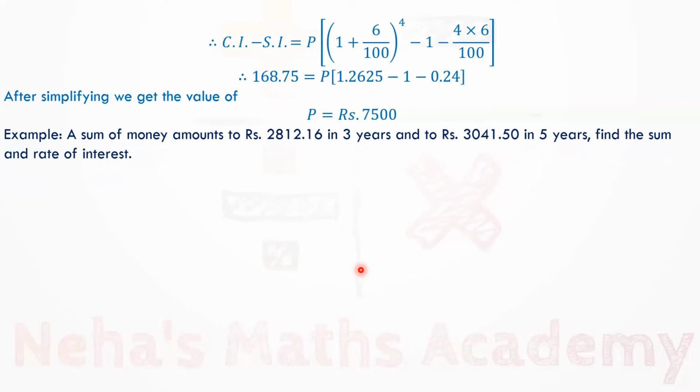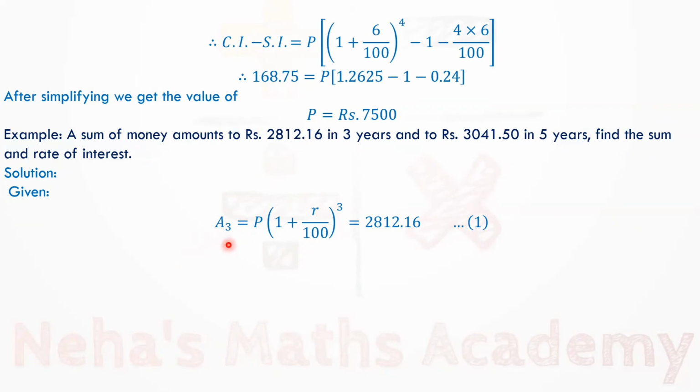Next example, a sum of money amounts to rupees 2812.16 in 3 years and rupees 3041.50 in 5 years. Find the sum and rate of interest. So we have given that the amount is 2812.16 in 3 years.